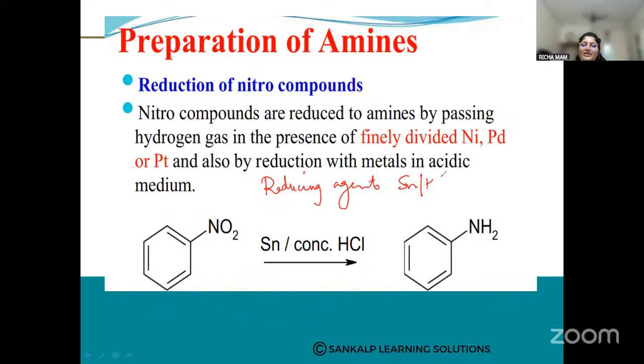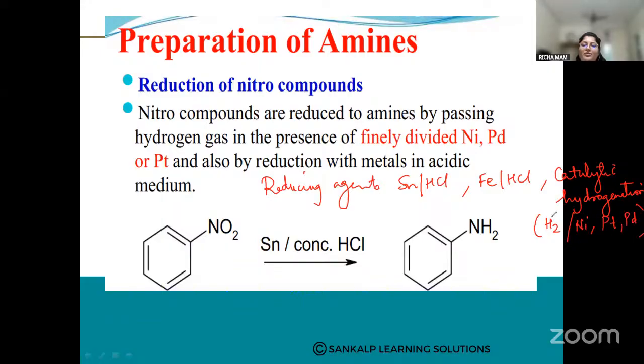Tin HCl, Fe HCl, or catalytic hydrogenation, like hydrogen with nickel, platinum, or palladium. So these are the different reducing agents which you can use.